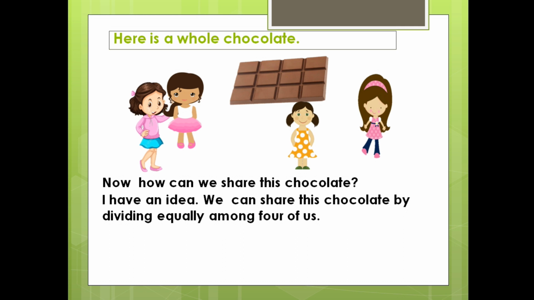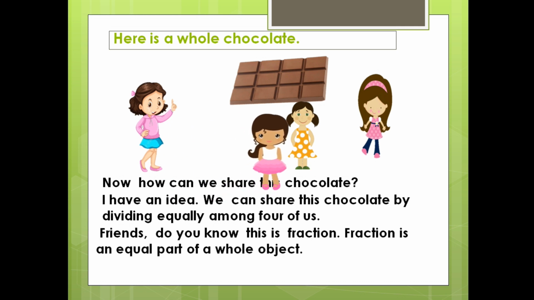Means among the 4 children, the chocolate is divided equally. If you don't divide equally, what happens? One will start crying or fighting that you got more, I got less. Yes or no? They said we will equally share among 4 of us.